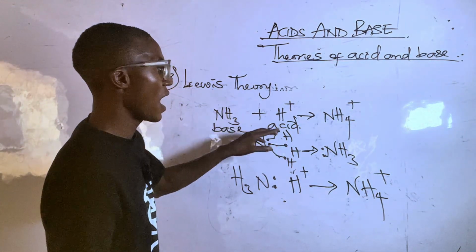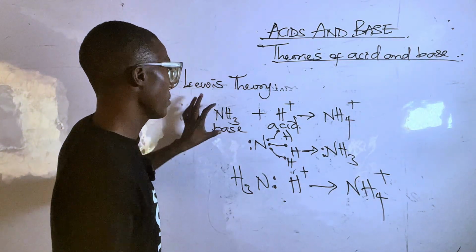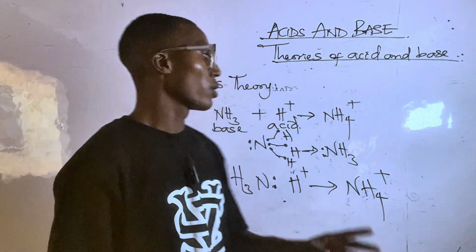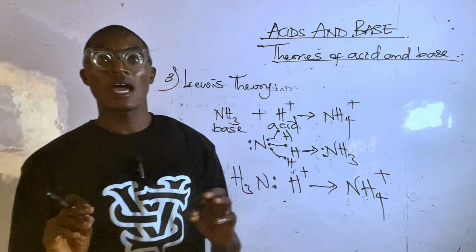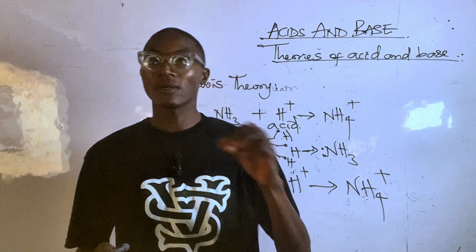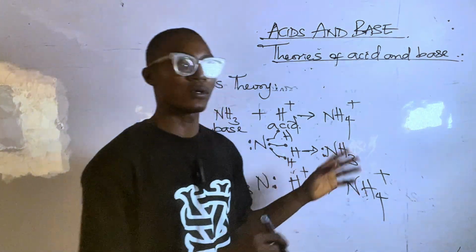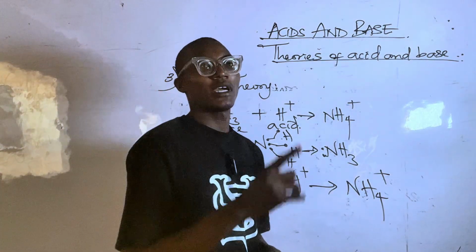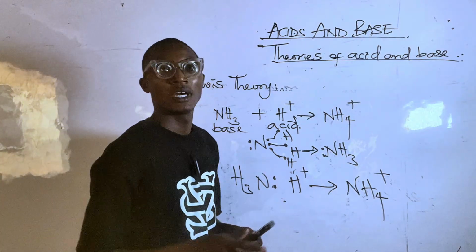According to Lewis, an acid accepts electron pair and a base donates electron pair. But looking at the 3 theories, there's something similar about the 3 theories about the acid. Most of the examples we have considered have H plus involved as the acid.